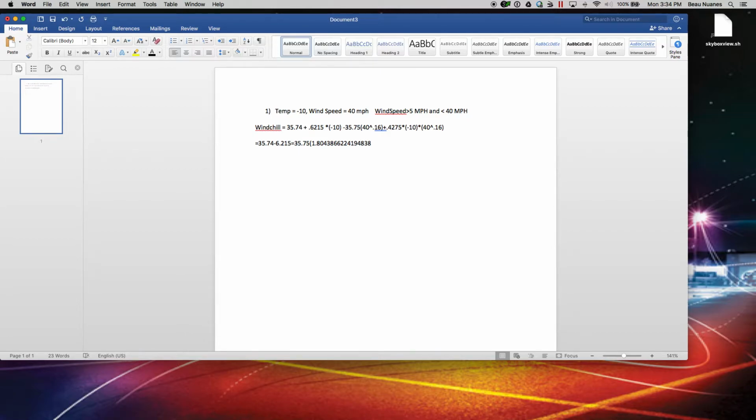Okay, so we have that, and then plus 0.4275 times a negative 10, and then times that same value, the 40 to the 0.16, which is right here. So I'll just cut and paste.